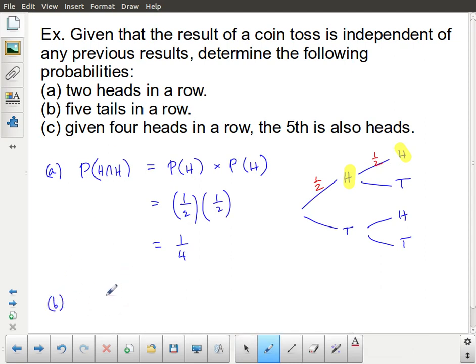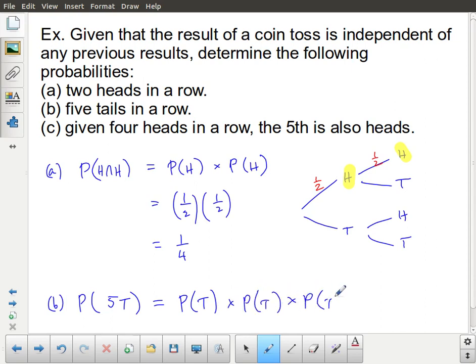What about 5 tails in a row? The reason why I originally was going to write 2H for 2 heads, same thing is true here for 5 tails, because I don't want to write tails and tails and tails and tails and tails. So the probability of getting 5 tails is going to be the probability of getting a single tail, but there are going to be 5 of them.